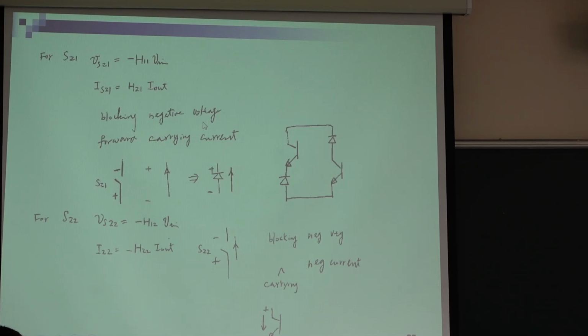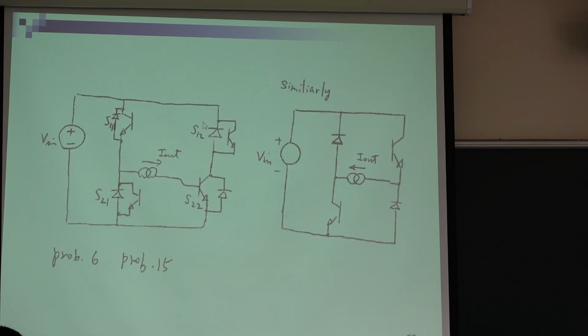So what is the final circuit? It will become this way. If we go this way, then go this way. If this is turned off, and this is turned off, we have output here. So it can go this way.